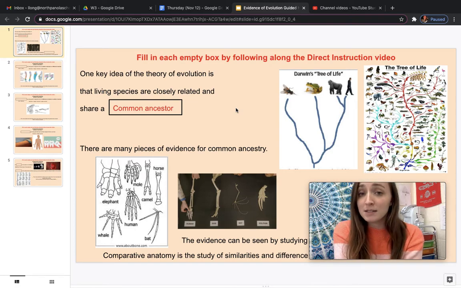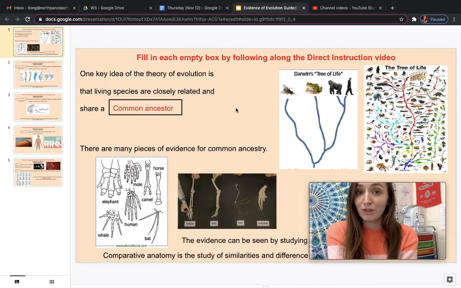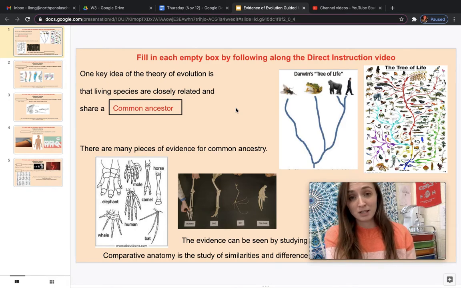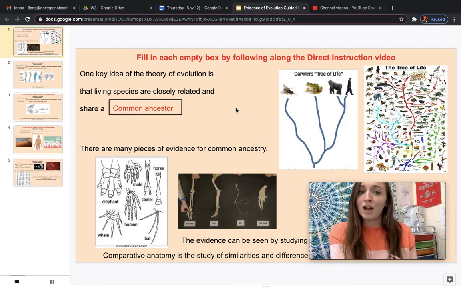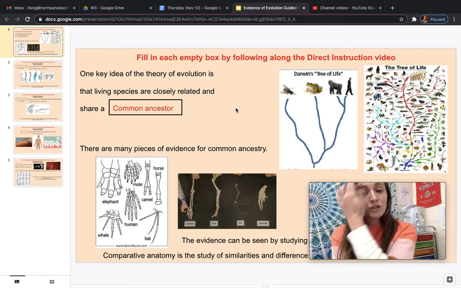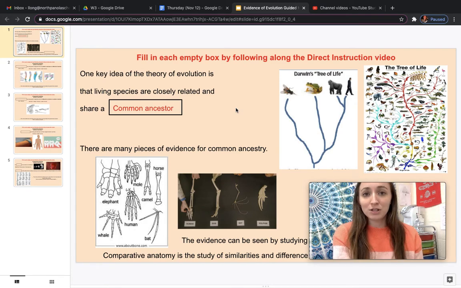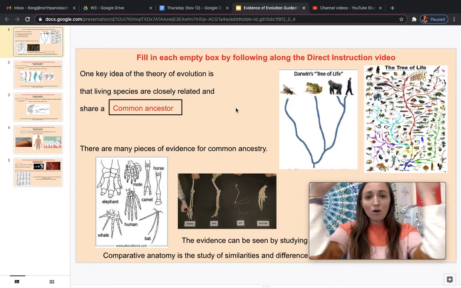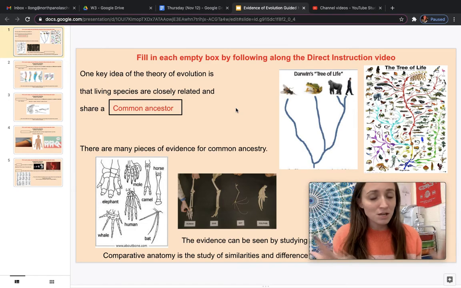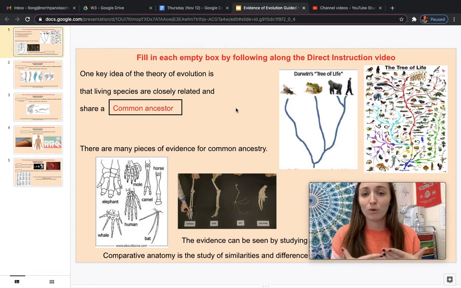If you have a cousin, you and your cousin are also very closely related, but you're not as closely related as you are to your brother and sister, right? Because your common ancestor is a little farther off. It's usually the brother or sister of your parent. So even though you're still related, you're not as closely related. So part of the theory of evolution is that we are all related with all the species in the world in some way or another.